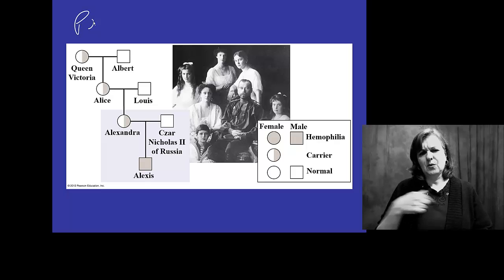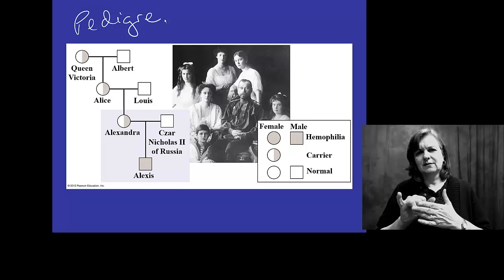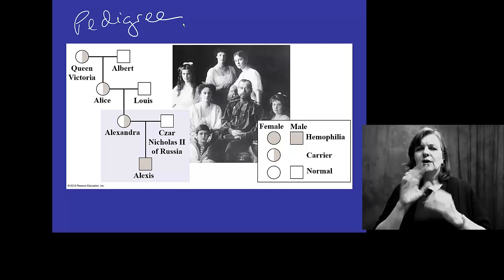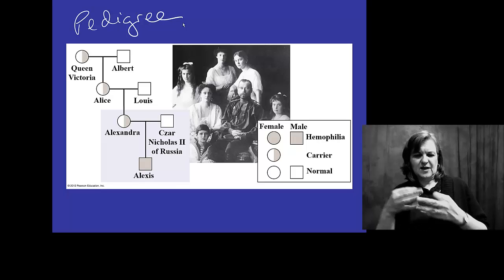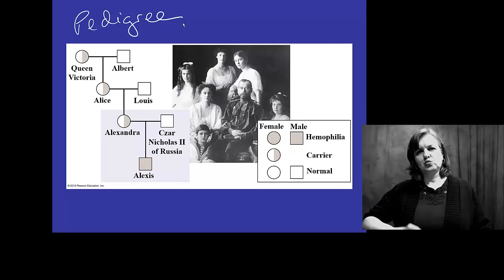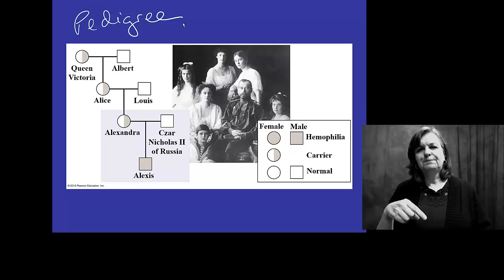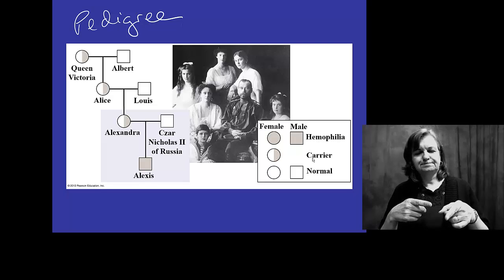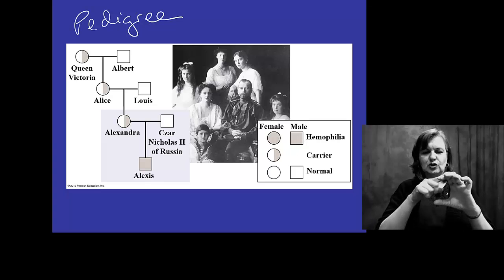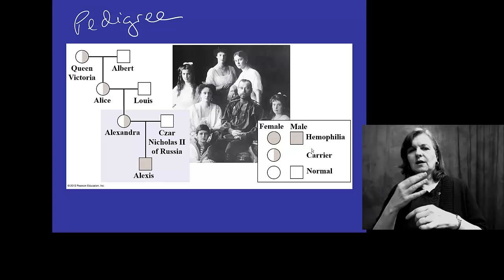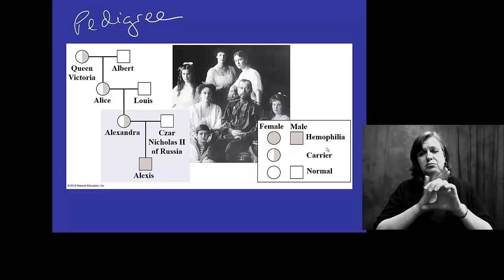Again, here we're setting up a pedigree. We talked about these before, to track family histories, and in this case, looking at the royal family of Russia. Remember, circles are female, squares are male, and the colored-in ones would have expressed the trait of hemophilia.